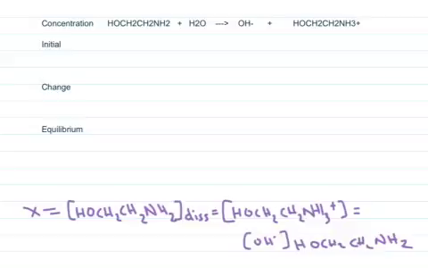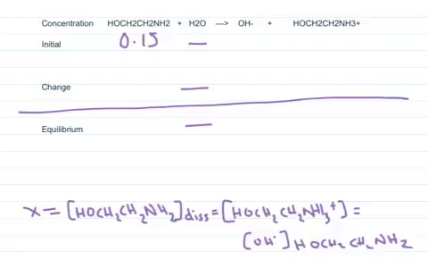Alright, so our initial, what we had was 0.15 molar. We know our water doesn't have an initial, nor does it change. While our initial for hydroxide is 0, and our initial of the acid is 0. Now what changes is we're going to dissolve our base, we're going to get hydroxide, and we're going to get our acid. So we're just going to bring this down.